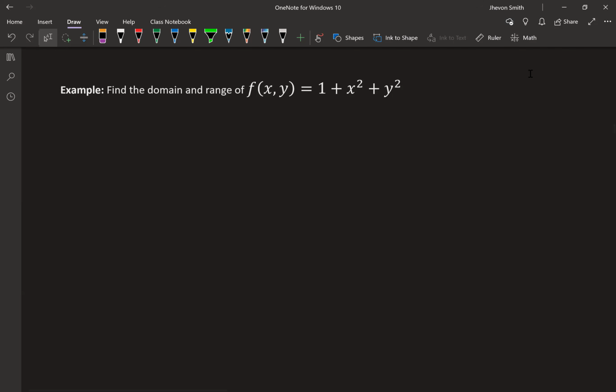What is the domain and range? So the domain for x and y is all real numbers. So x and y can be all real numbers.